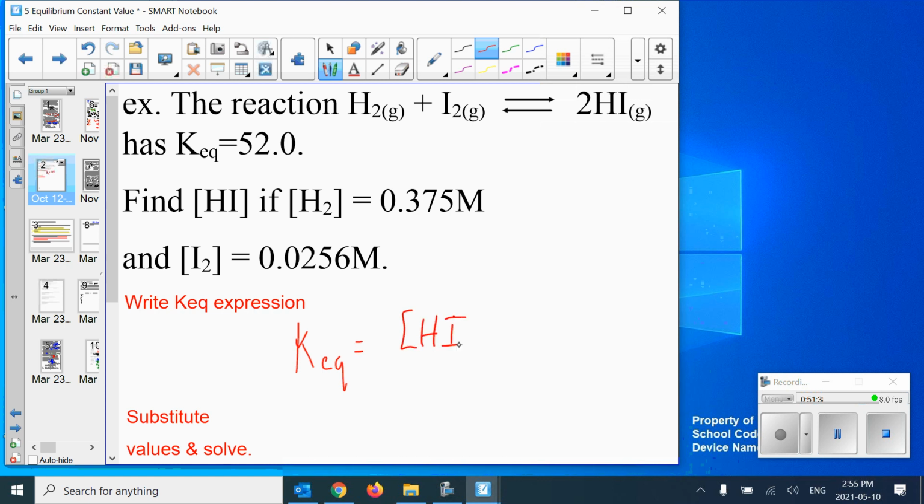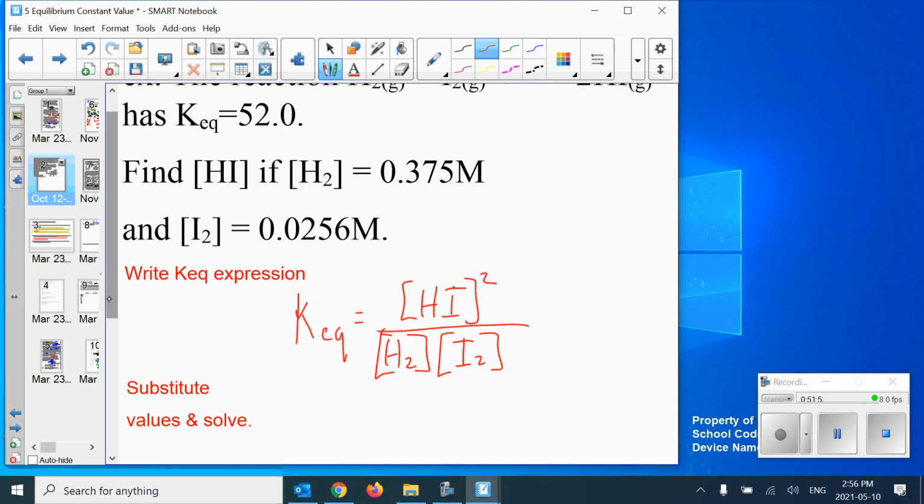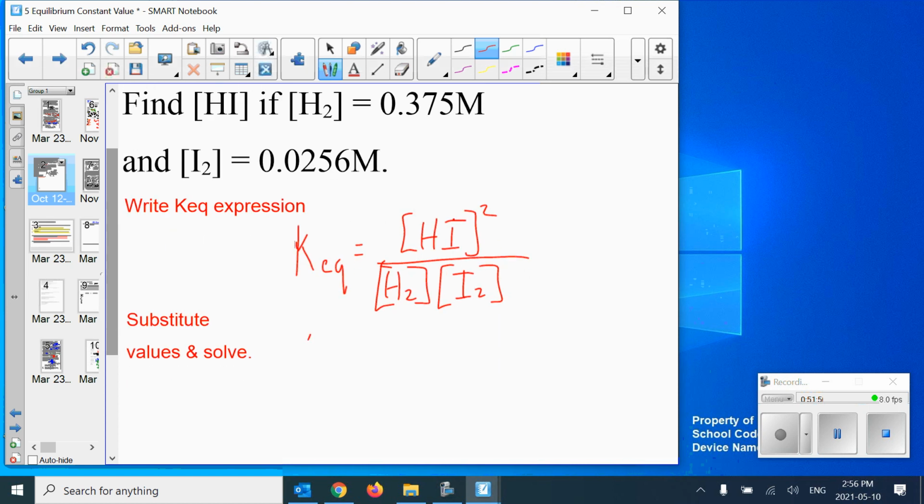HI squared over H2 times I2. Then I substitute. In this case, we have the K value given as 52. Finding HI squared.